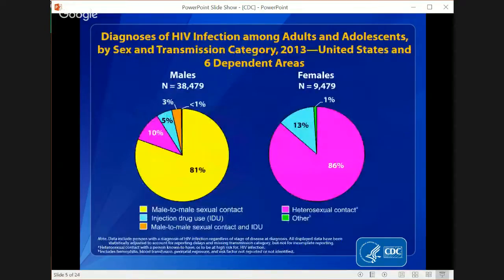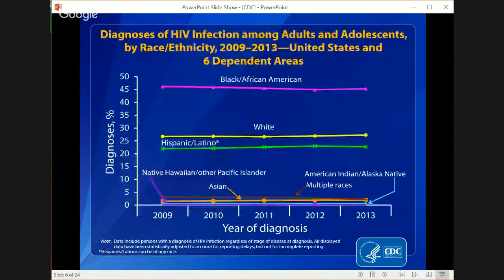I'm not going to go through all of these. I'm actually just going to pick some for us to review. All right, so this slide is showing us another person characteristic, race ethnicity. And it looks like for the most part, this is a proportion of diagnoses, so Black African Americans make up the highest proportion of all HIV diagnoses, followed by whites, followed by Hispanic Latinos.